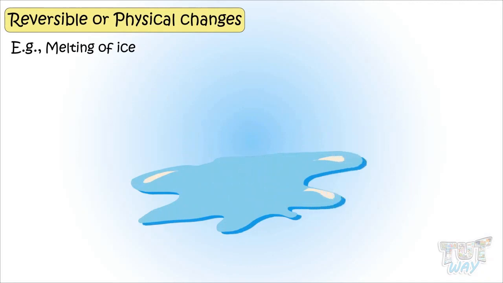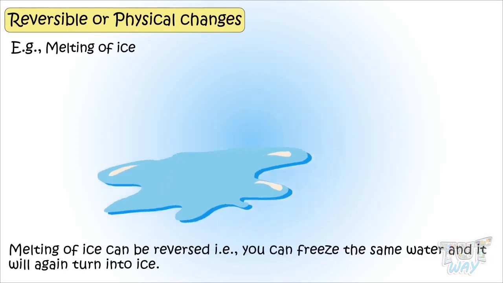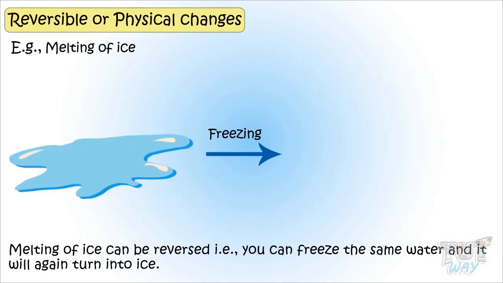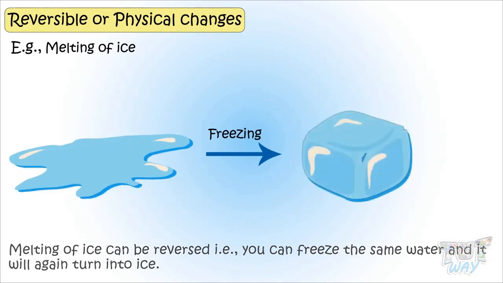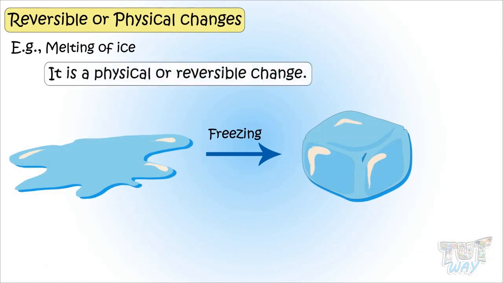So it's changed from solid state to liquid state. But this change can be reversed. That is, you can freeze the same water and it will again turn into ice. So, melting is a physical or a reversible change.